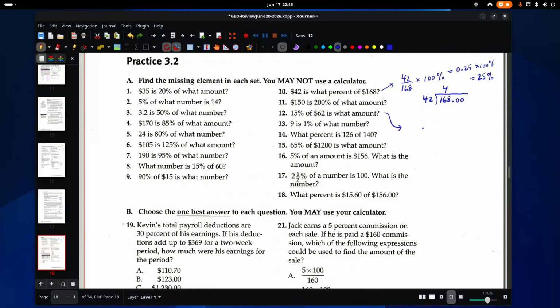So 15% of $62. So using our formula, we want to multiply now. So 15% is 0.15 times 62. And so we can go 62 times 0.15.